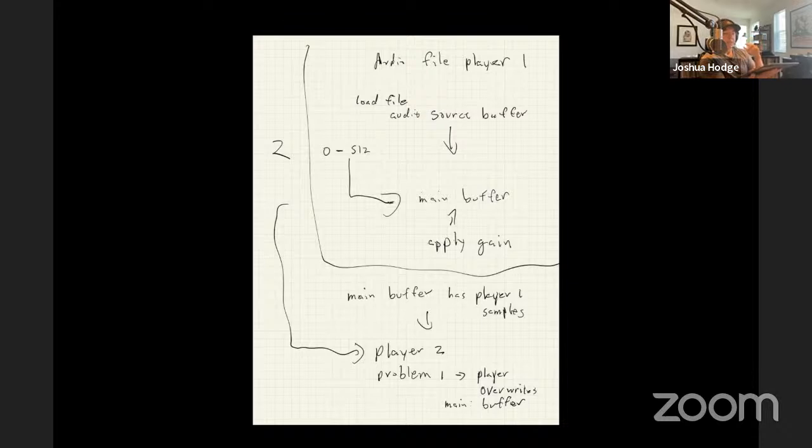Problem two. So let's assume that problem one wasn't a problem and that we're adding to the buffer rather than just overriding it. The problem is that if we apply gain to the main buffer again, then what's going to happen is that the main buffer will then have the, sorry, I'm going to go to a new page.